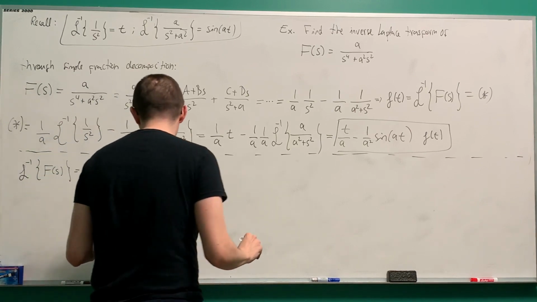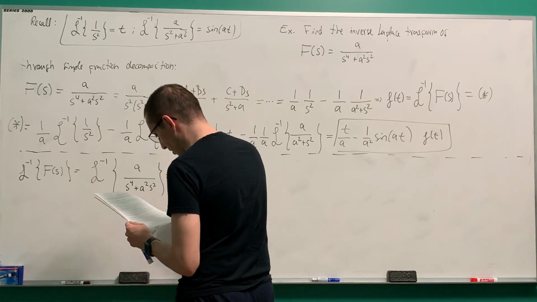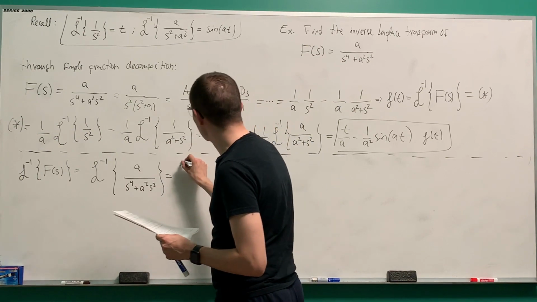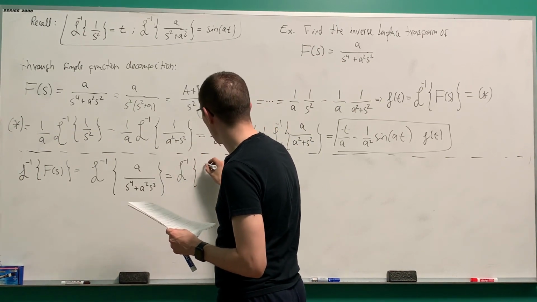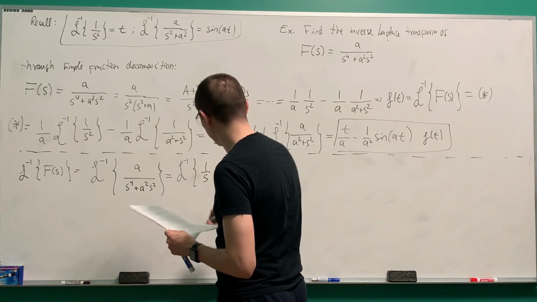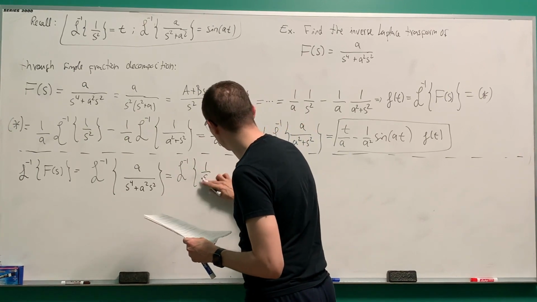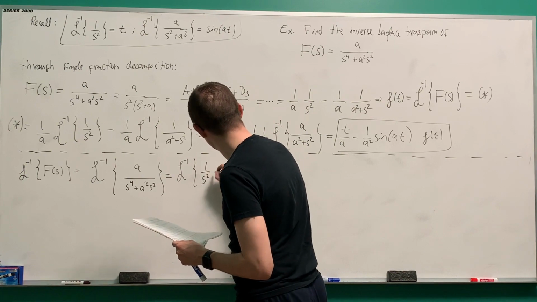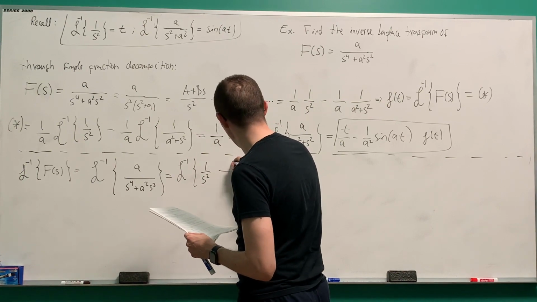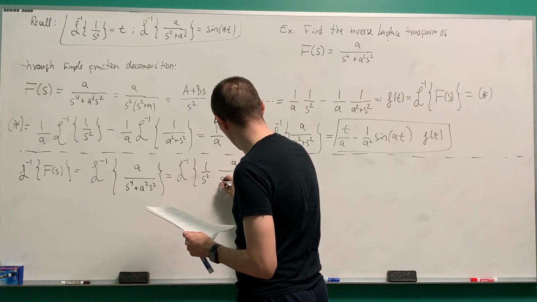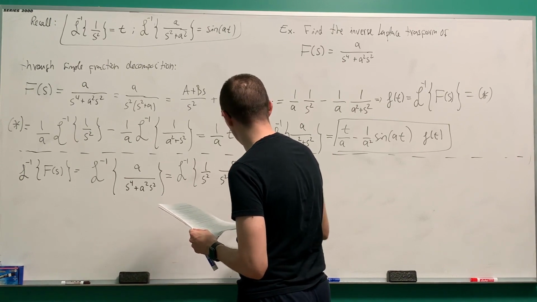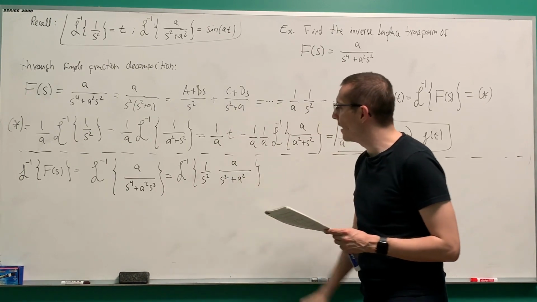Right. But that thing is the product of two things, right? This is the inverse Laplace of 1 over s squared times a over s squared plus a squared, no? Oh, that's nice.